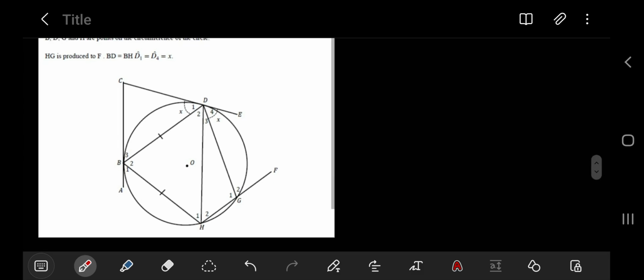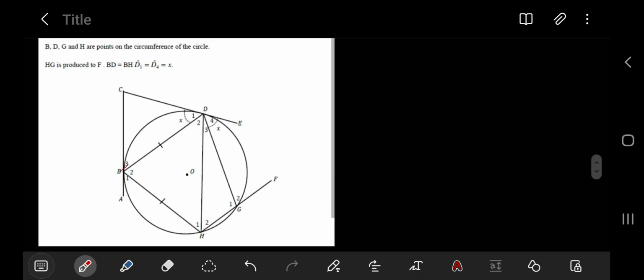So you can see that B, D, okay, G, and H, all these points are on the circumference. And when you join them, they give you a cyclic quad, okay? So when you join them, they give you a cyclic quad.